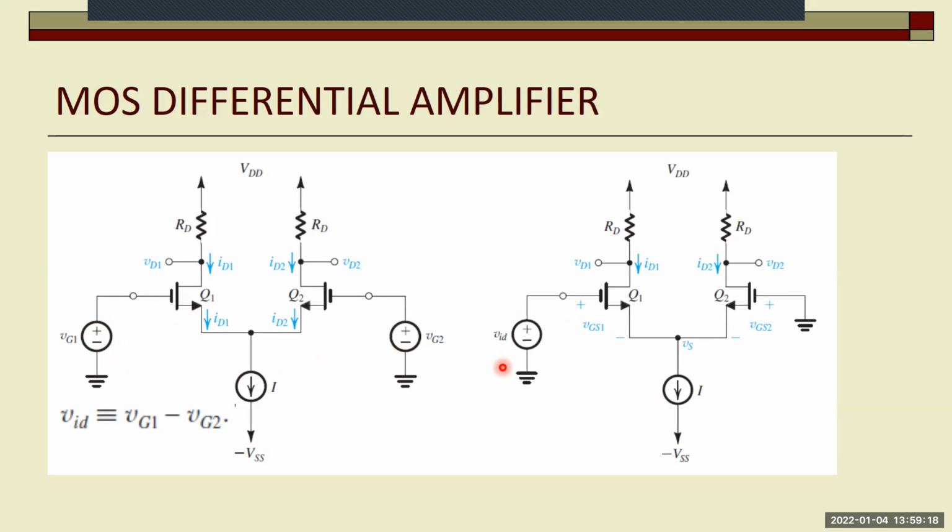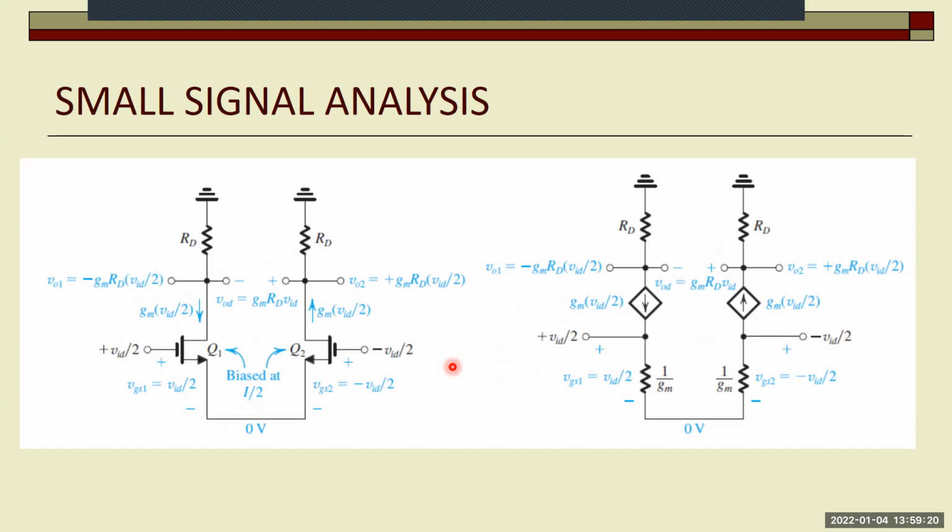The small signal analysis yields this circuit. Again, two dependent current sources, GM VID divided by 2, in two different directions. The other end of the drain resistance is connected to ground, of course.